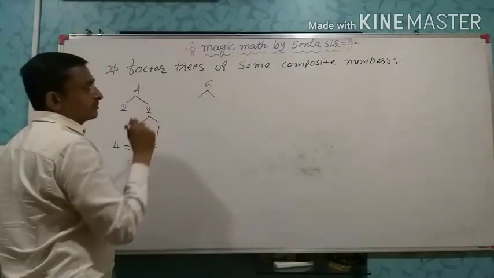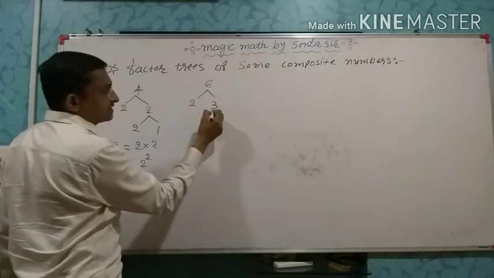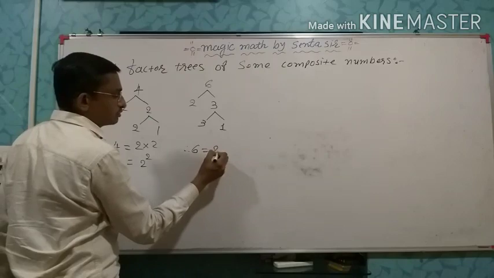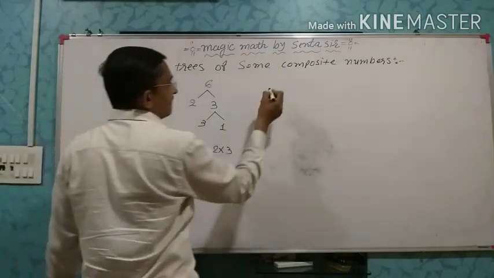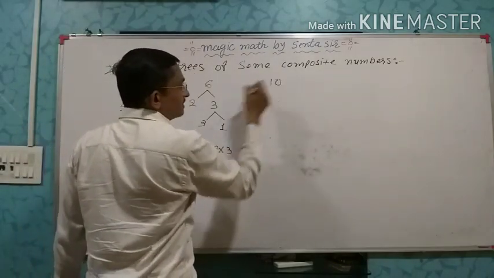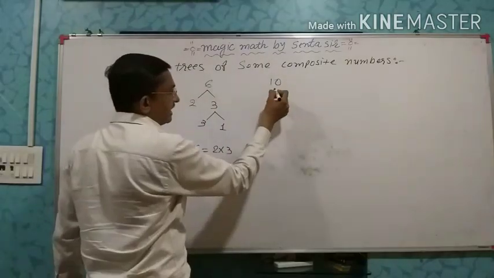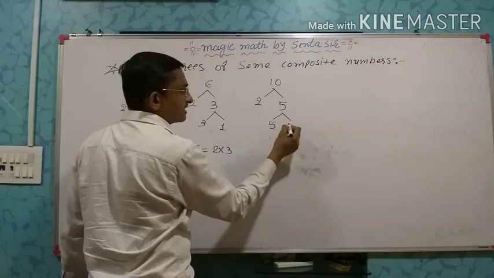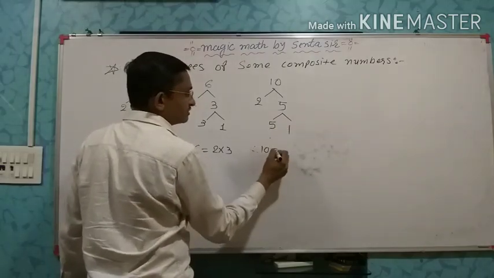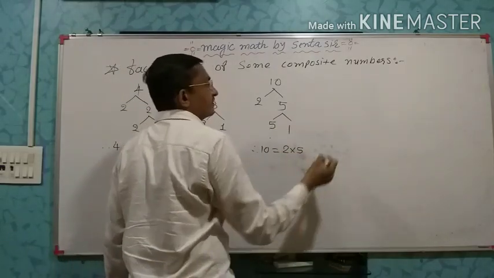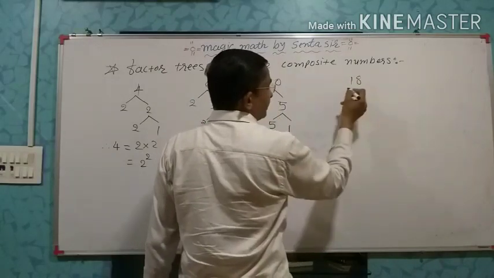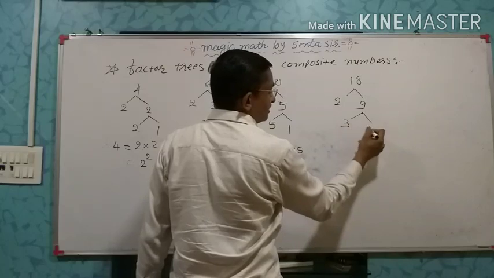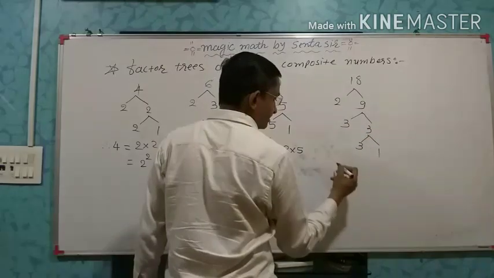Let us take composite number 6. 2 threes are 6, 3 ones are 3. Therefore, 6 is equal to 2 into 3. Let us take composite number 10. 2 fives are 10, 5 ones are 5. Therefore, 10 is equal to 2 into 5. 18: 2 nines are 18, 3 threes are 9, 3 ones are 3.